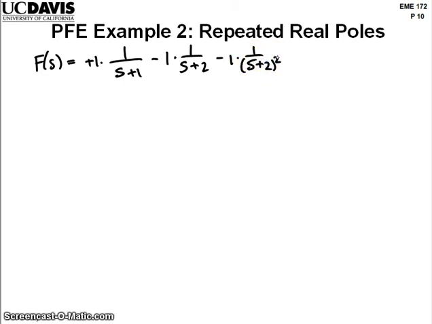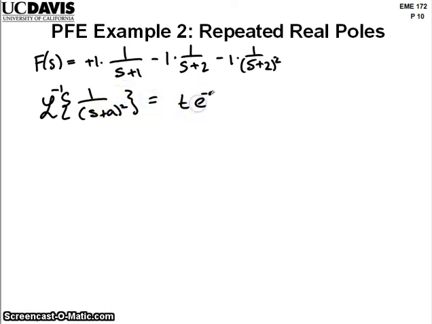Now to do the inverse Laplace transform, these first ones we already know. This one I'll probably have to look up in a table, and I found that the transform we want is generally written in the table like this: the inverse transform of 1 over s plus a squared is t e to the minus at.